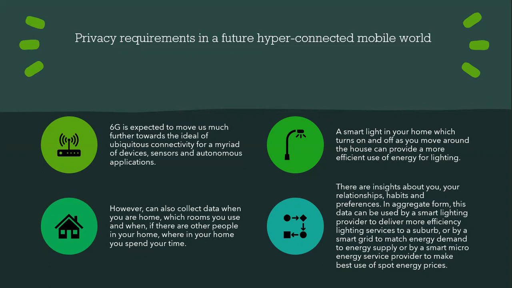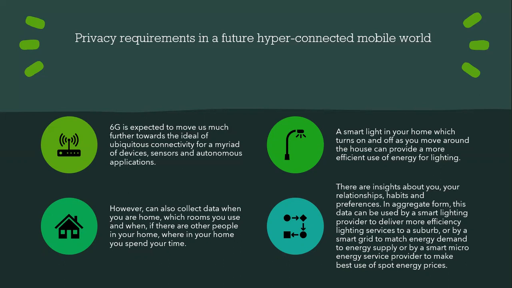These devices have sensors and actuators that monitor what activities humans are carrying out, and at what time, and a lot of information is collected. This information is used to efficiently use the energy for lighting. However, it can also collect data on when you are at home, which room you use and when, whether there are other people in your home, where in your home you spend your time, and many other activities.